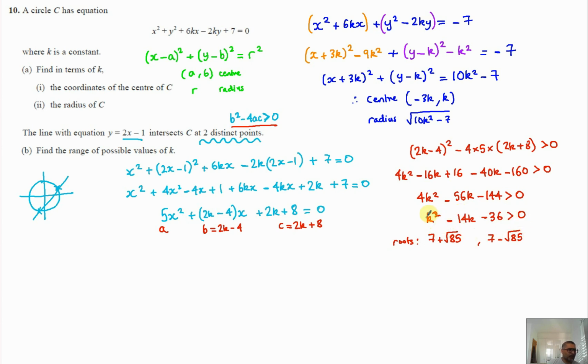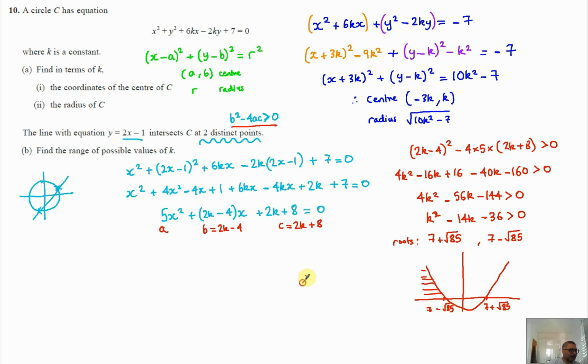So when is this quadratic greater than 0? If you do a little sketch, which I always advise you to do when you're solving inequalities, in this case we've got two roots, 7 minus root 85 and 7 plus root 85. And that's a quadratic that goes through there like that. So when is this quadratic greater than 0? You can clearly see from the diagram any x value below 7 minus root 85 is greater than 0.